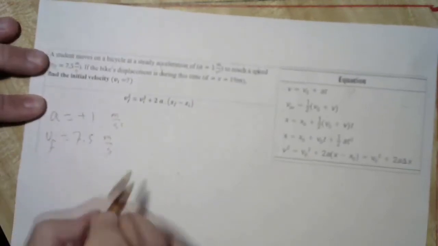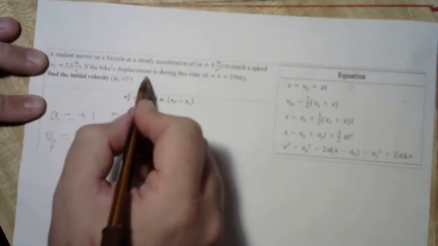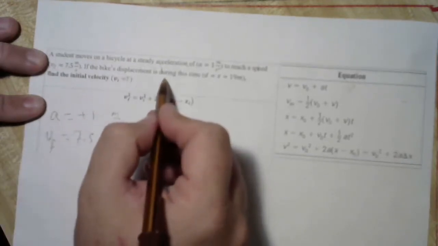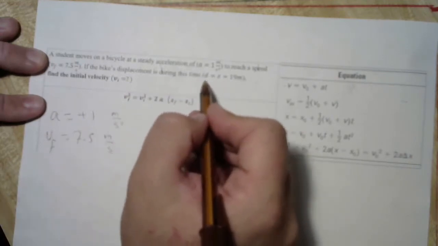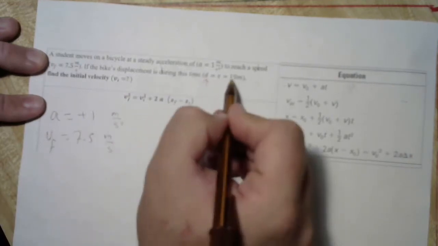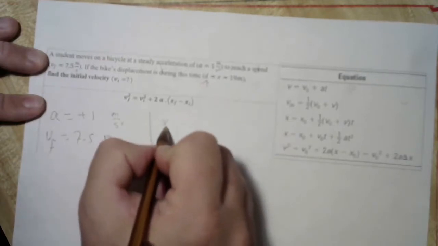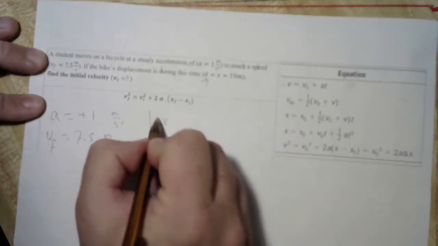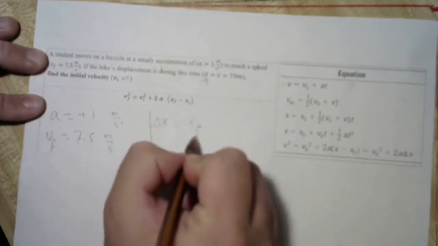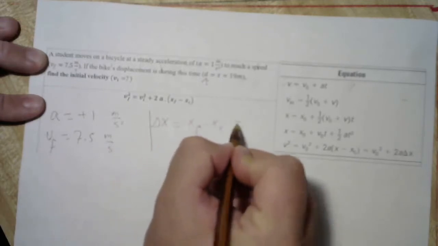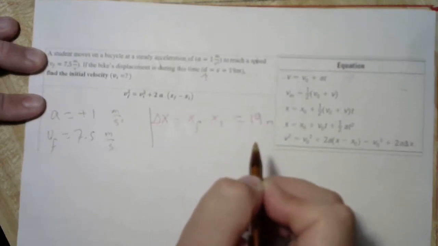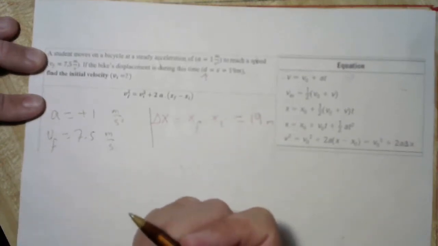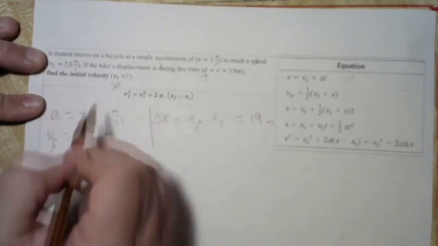Okay, if the bike displacement during this time is x equal to d, which is displacement, so delta x, which is equal to x final minus x initial, is equal to 19 meters. I need to find the initial velocity.